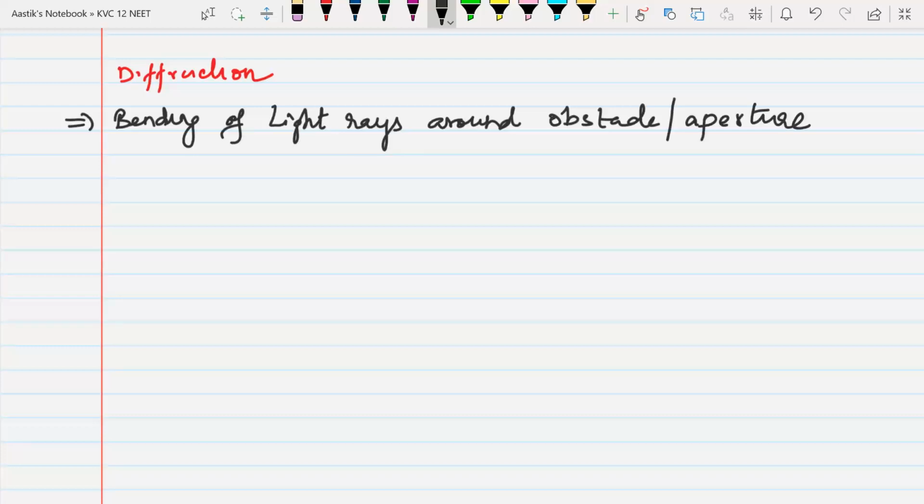Whenever light encounters an obstacle, it bends, it moves around that obstacle. That phenomena is known as diffraction.